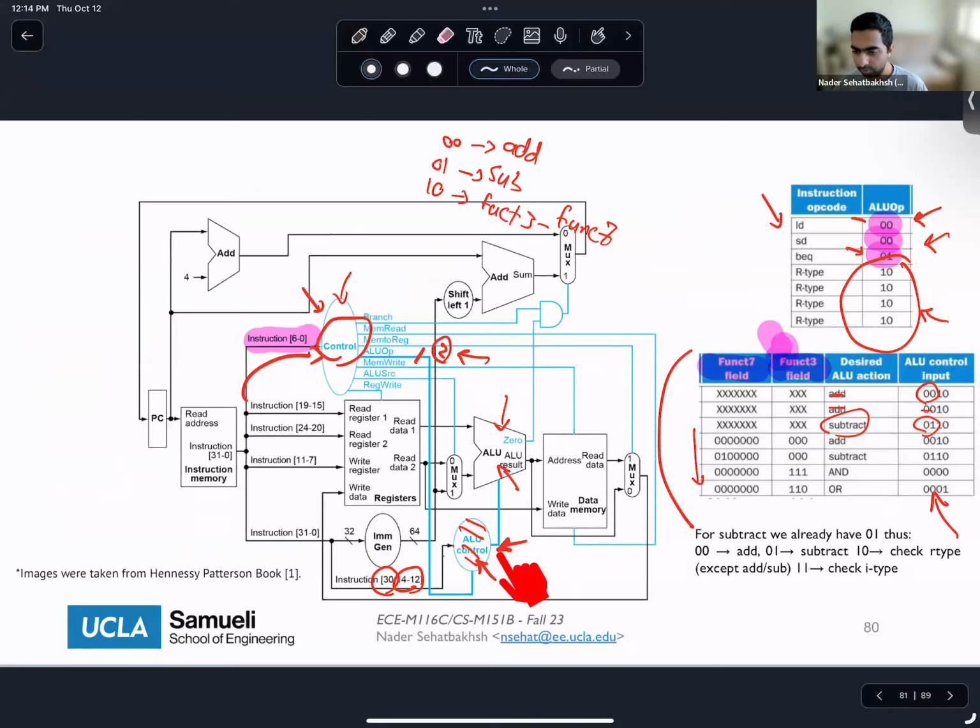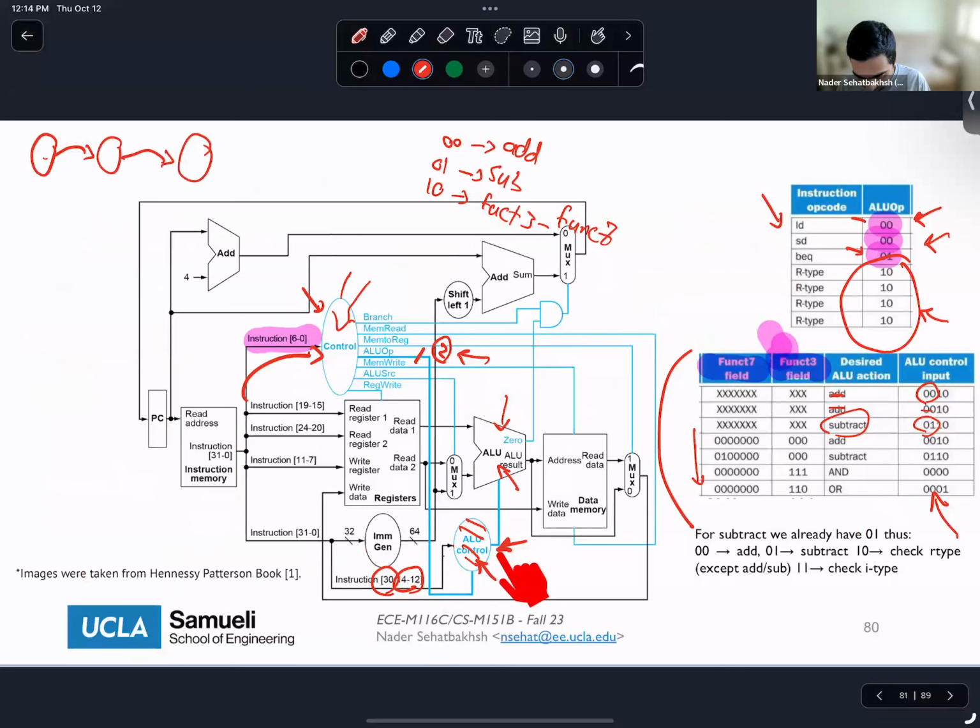The reason for doing this is that it makes our controller much faster, because it makes the decoding much faster, since now I only need to look at the opcode. Otherwise, I would have checked the opcode, then func3, and then func7. That's a 3-step approach that takes much longer for my controller to generate a signal, which I don't like. So I'm only looking at my opcode.